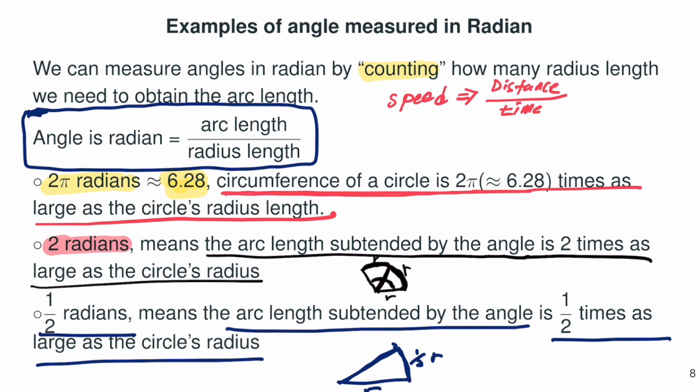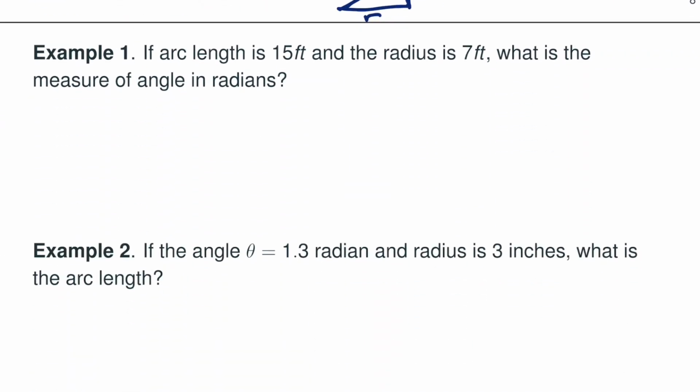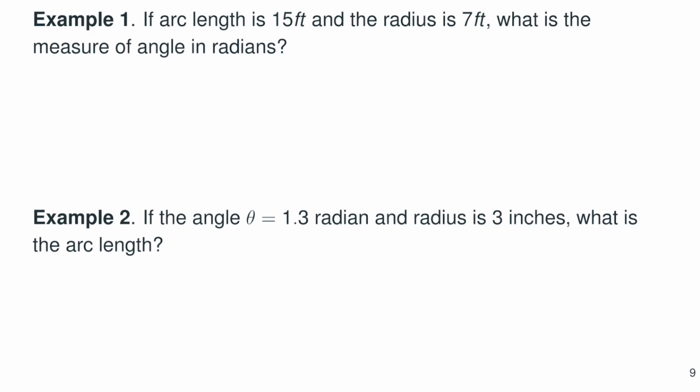So let's look at some problems together. If arc length is 15 feet and radius is 7 feet, what is the measure of the angle in radians? Although we don't need to draw a picture to solve this problem, let's draw it so we have a visual.